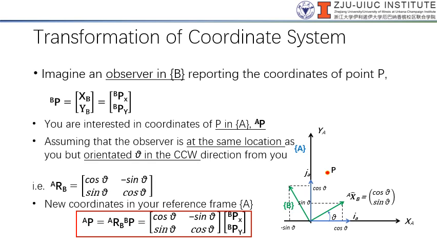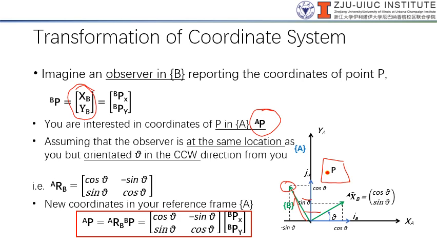Let's say we want to change the coordinate system. For example, we want to know the point P with respect to our coordinate system A, or the reference frame A, but we only have information from an observer that is attached to B. So say there's an observer at B, looking at the point P and telling us the coordinates of point P in B. But we are really interested in AP.